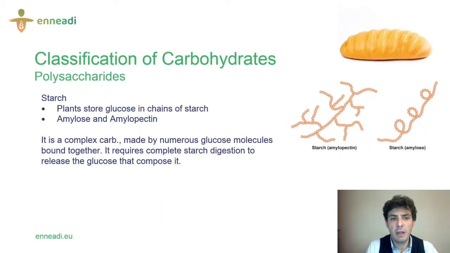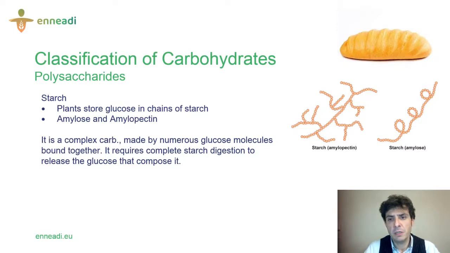If a common feature of all simple sugars is the sweet taste, complex sugars like starch are not sweet. Starch is present in cereals and all foods derived from cereals, like bread, pasta, but also in potato.